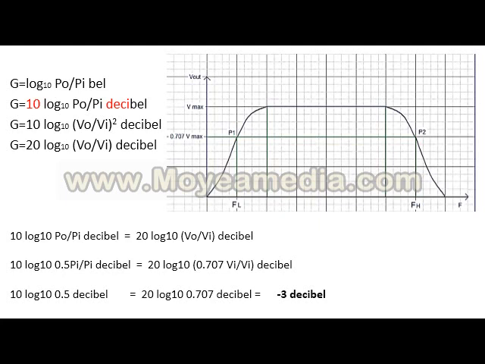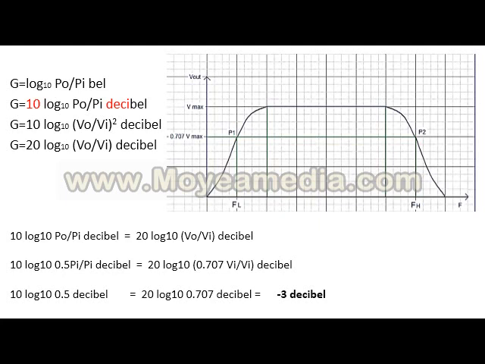So let's recall these equations. As per the definition of half power point, we have substituted 10 log of half of the input power divided by the input power. Sorry, in the second last equation, 10 log 0.5 Pi divided by Pi decibel, which is equal to 20 log 0.707 VA divided by VA.